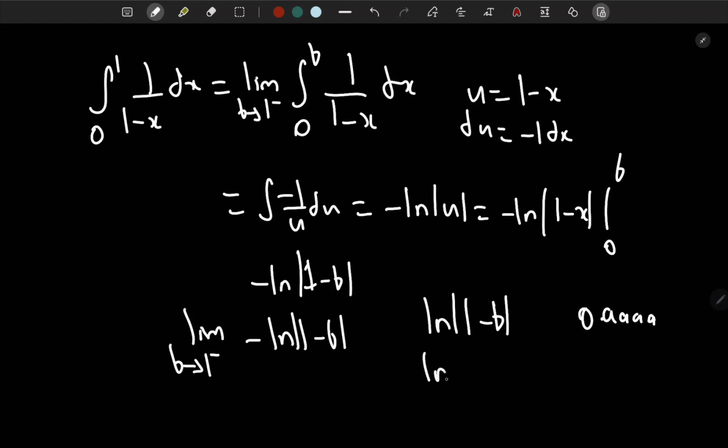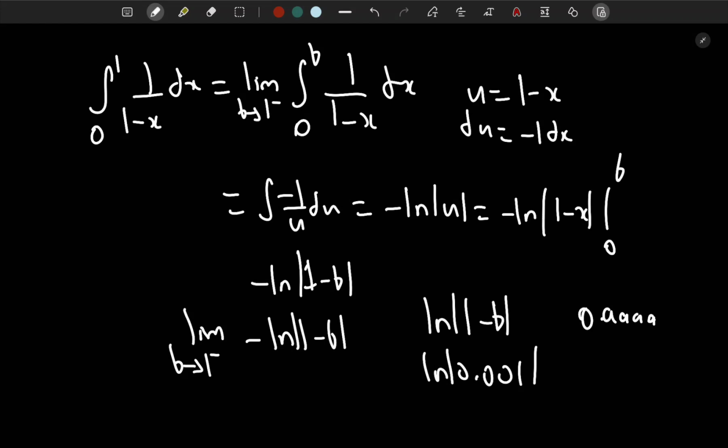So we will get something like ln 0.001 or even more zeros. So you can try this out on your calculator right now. So let's try ln 0.0001 and realize what we are getting. I tried 0.001 first, so we got negative 6.9.